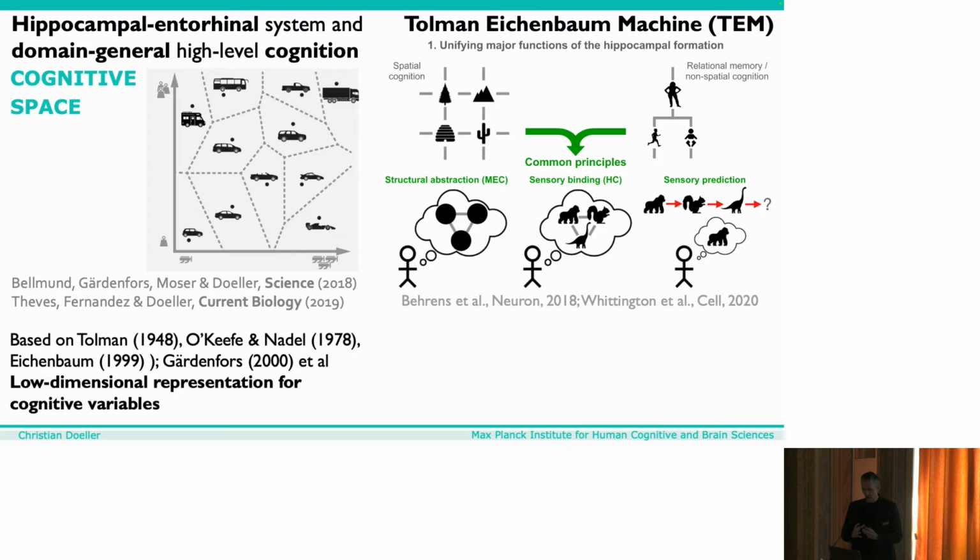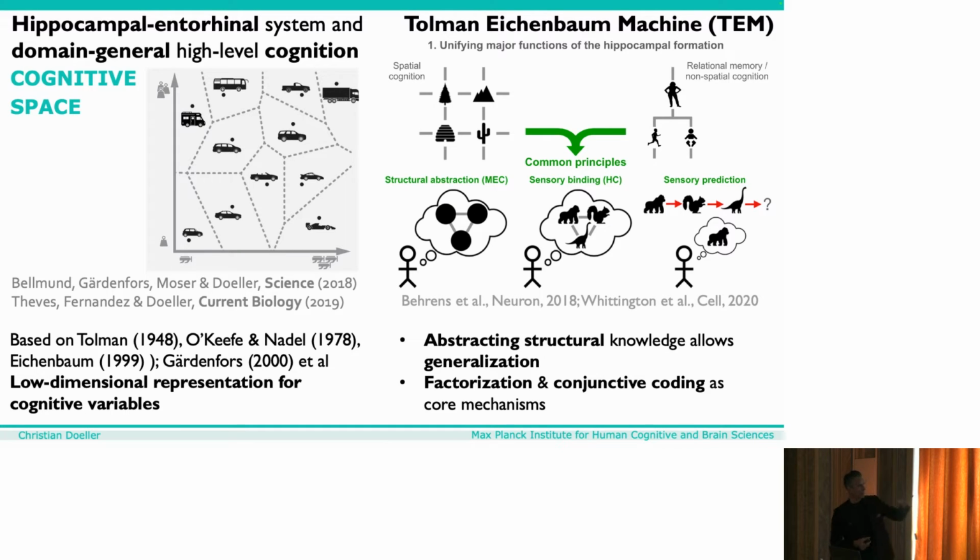And so bringing together the general structure of environments with the sensory specifics via the hippocampal fast binding mechanism allows you to also flexibly recombine these representations.